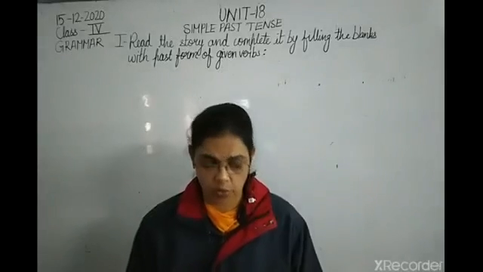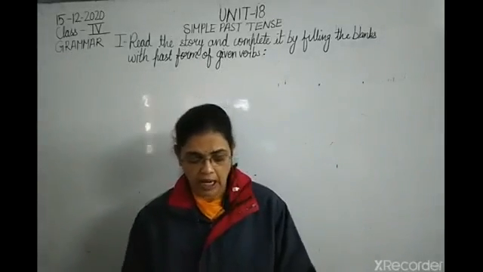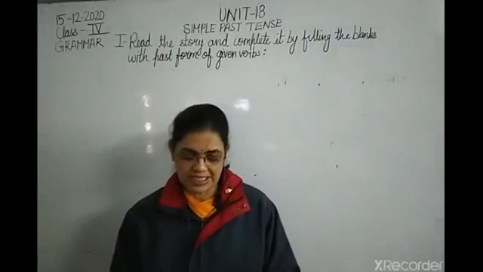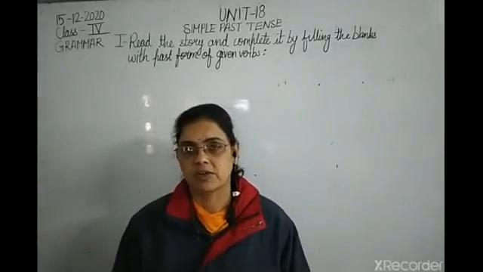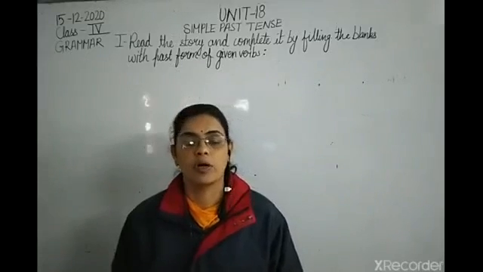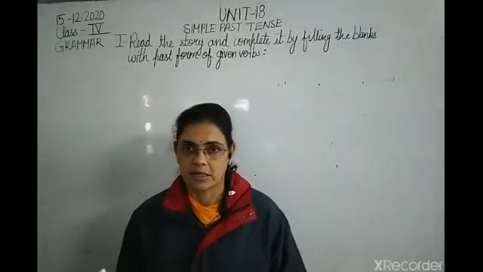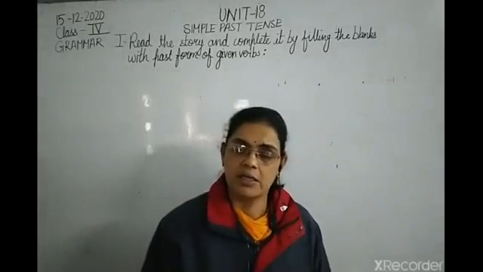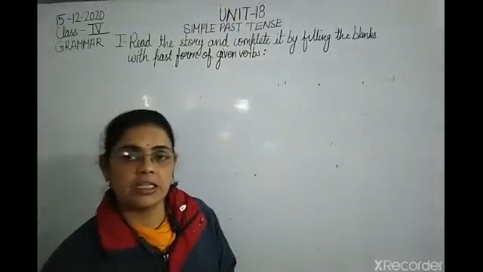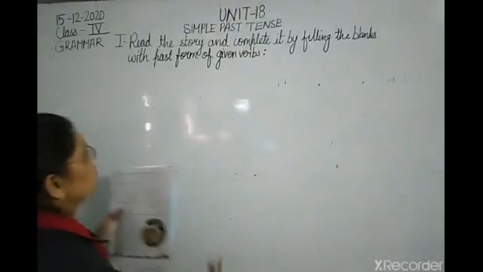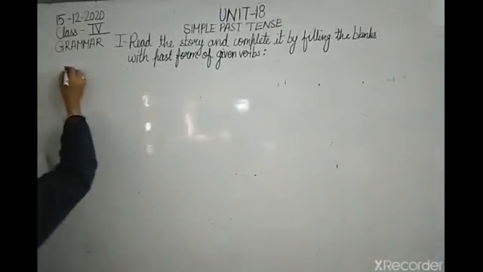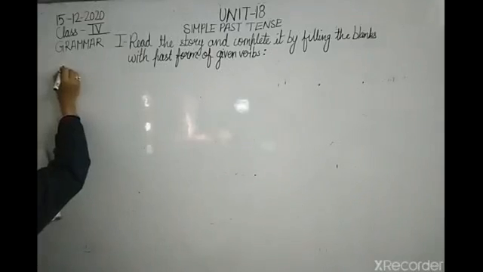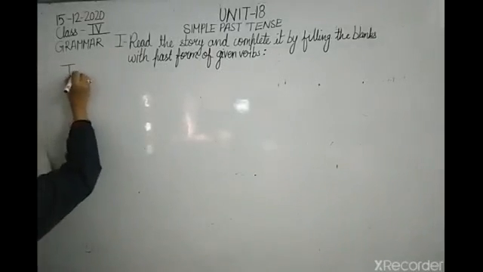The name of the story is Presence of Mind, and I had done the first 7 sentences of the story. Now before I start ahead, let's revise the sentences which I had done in the last video. So the name of the story is Presence of Mind, and the story is: Jack and John dash go to a forest.